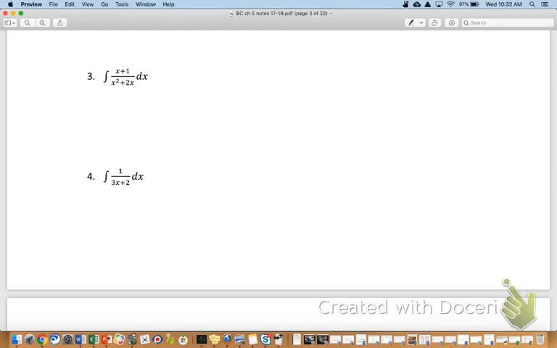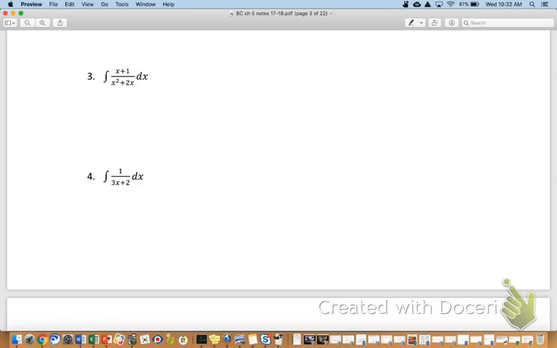The derivative of tangent is secant squared, right? Since the derivative of the denominator is the numerator, you're going to end up with a natural log for an answer. It'll be the natural log of the denominator. So I would say ln of the absolute value of tangent plus 6.